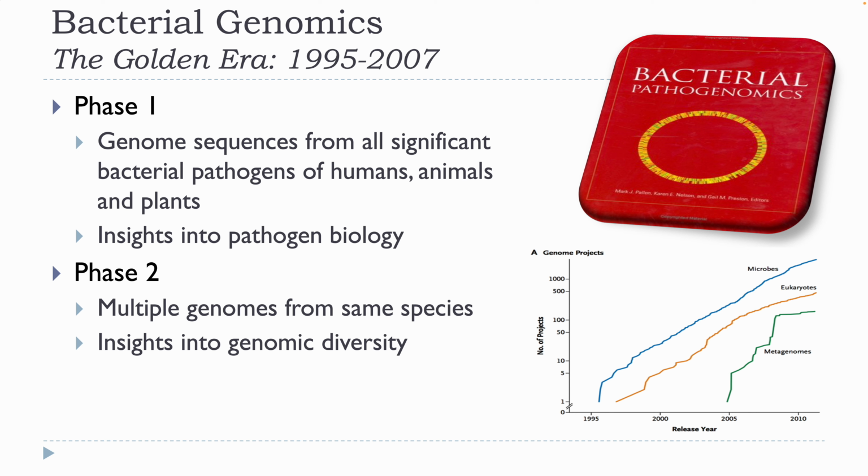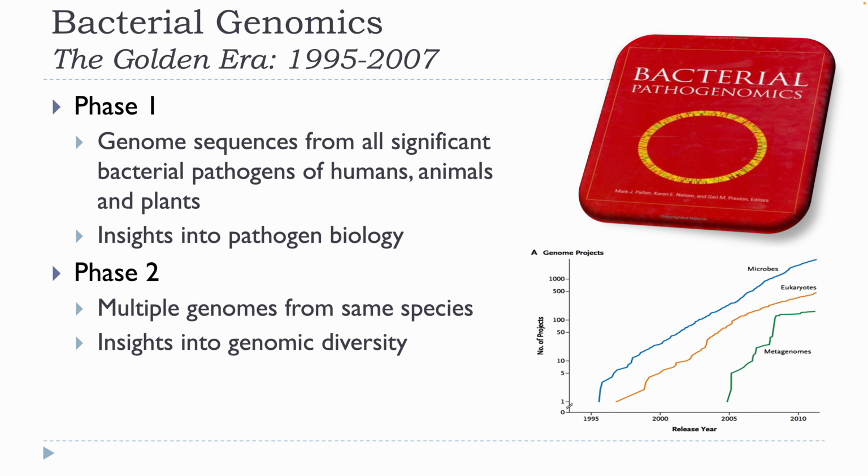But in this period, it was a heady time to be alive in science, because we got genome sequences from all the significant bacterial pathogens of humans, animals, plants. And this gave us tremendous new insights into pathogen biology and into the biology of microorganisms generally. So even for an organism like E. coli that people have been studying for the best part of a century, half of the genes were only discovered when we sequenced its genome.